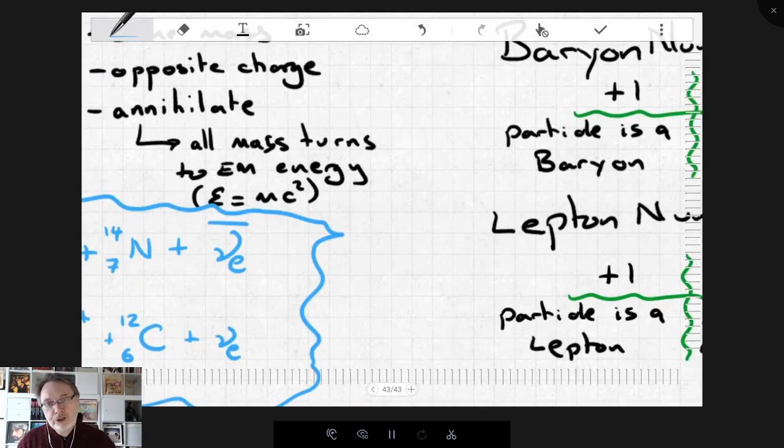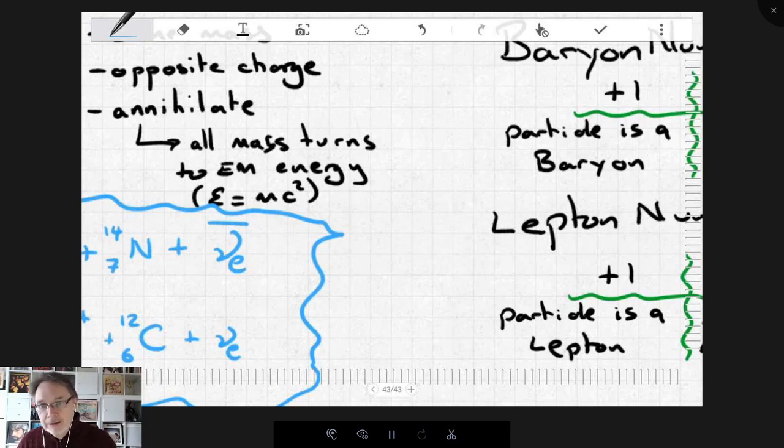Now the final comment that I will make about this is zooming in here. In annihilation, we see that mass turns into electromagnetic energy. Now I remind you that when we say energy can be associated with motion and we talk about kinetic energy, that doesn't mean that kinetic energy equals the speed, even though that's what we normally think about when we think about motion. Something is moving. What it means is that the link is a formula, half mv squared.